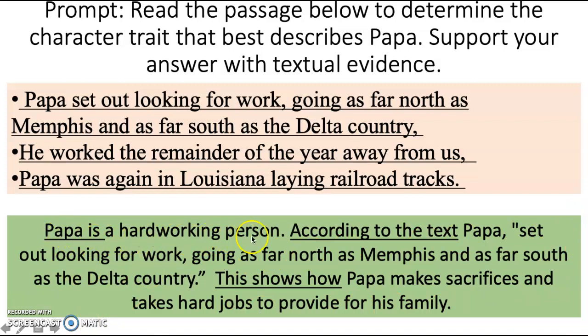Papa is a hard-working person. According to the text, "Papa set out looking for work, going as far north as Memphis and as far south as the Delta country." So these first 2 sentences have our inference, and they have the best evidence to support that inference. And then we explain it. This shows how Papa makes sacrifices and takes hard jobs to provide for his family. So in that last sentence, we explain our evidence. How does that tell us he's hardworking?